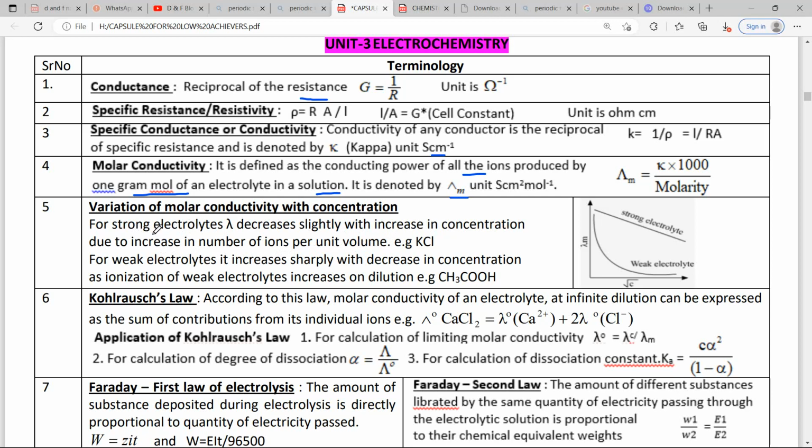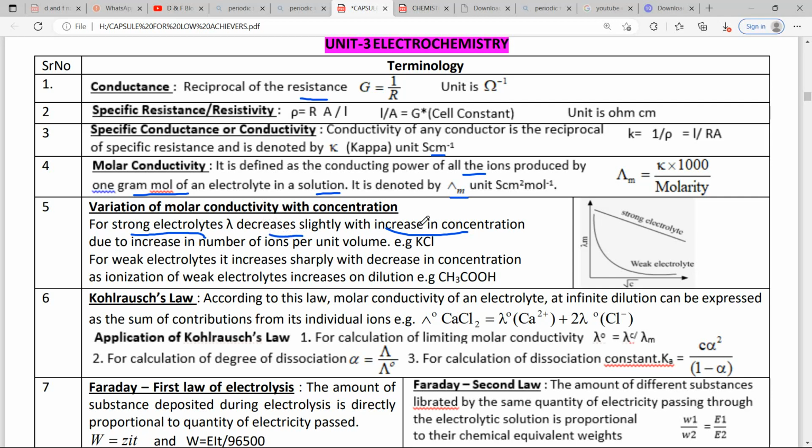For strong electrolytes, what happens when there is an increase in concentration? The space is occupied and the ions are not free to move. Hence, there is a slight decrease in the conductivity.